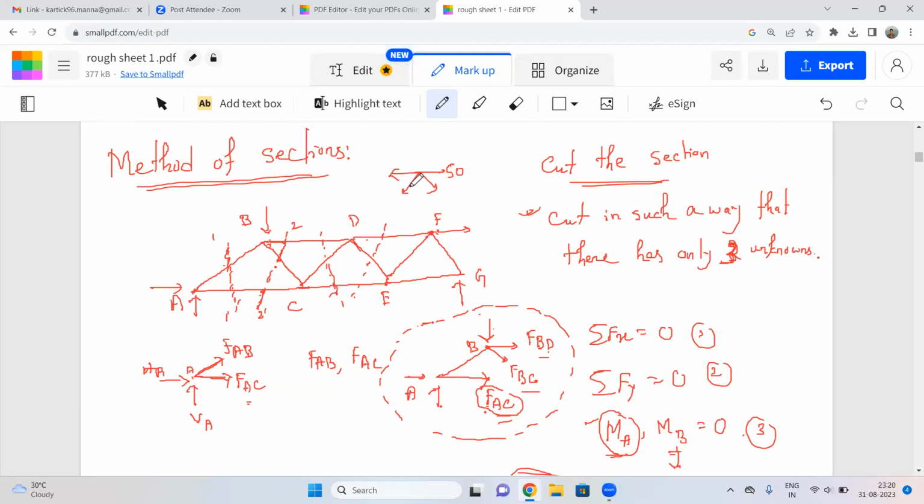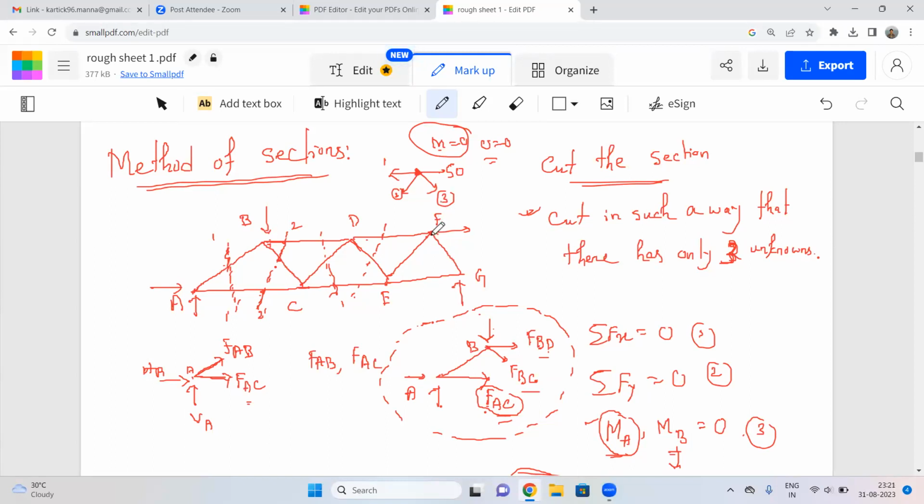Now check, you have a total of three unknowns. But in case of method of joint, you find out at one joint only. So you can't use moment equal to zero because actually moment is zero, but you will not get any equation. That will be zero equal to zero, as all the forces are passing through this point only, right? So you have two equations, summation of Fx equal to zero and summation of Fy equal to zero. But you have a total of three unknowns, so you cannot calculate them directly.